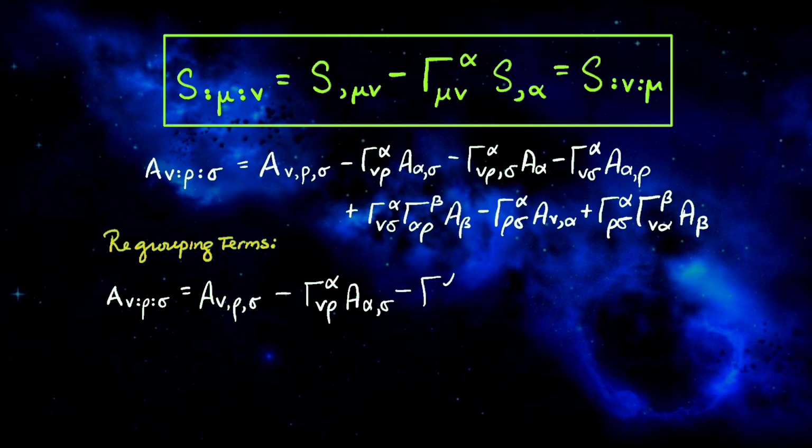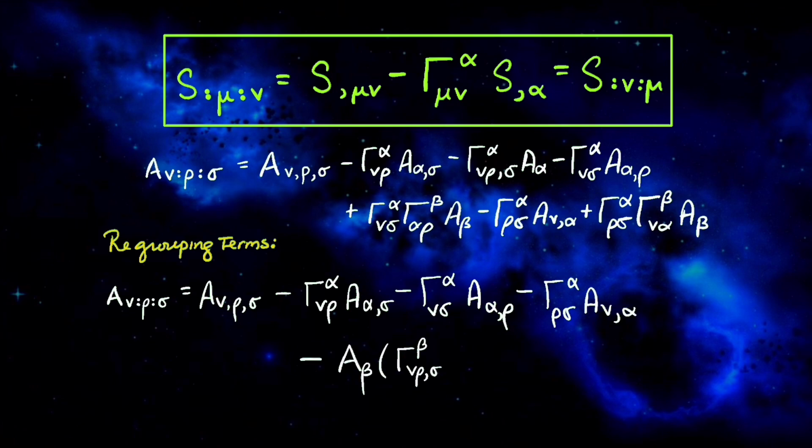So what we'll do is regroup all the terms after expanding them out in this way, where this last term here we can factor out a covariant A beta.